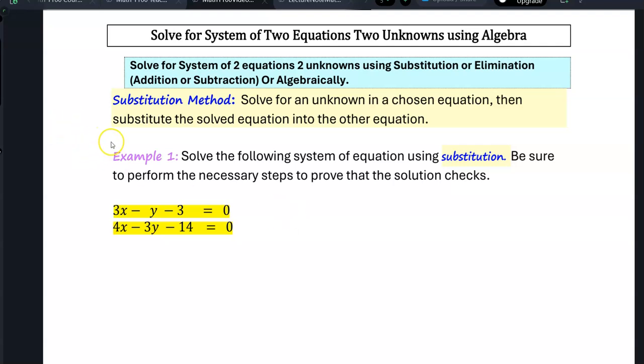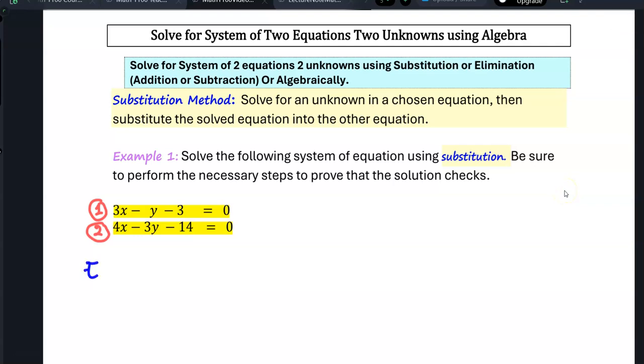So before I do this, I will label my equations. I label the very first one as 1, and the second one as 2. Don't forget, when I label an equation, I put a number inside a circle, which represents the equation.